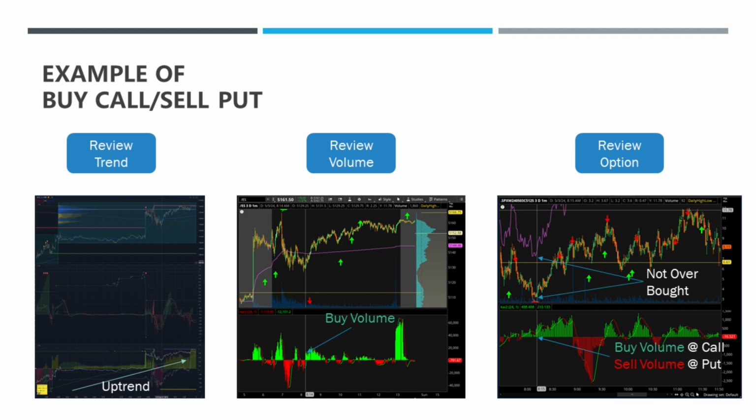Also keep in mind, remember what we said: the 0DTE option price is dictated by three things, right? The vega, gamma, and delta. So if the price of the stock starts to not move up much, you're going to see a huge drop in the option price. Make sense?